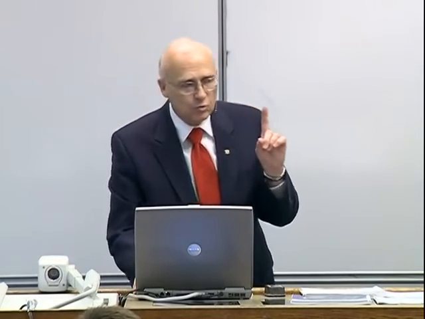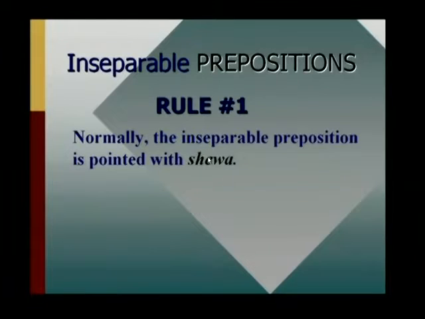So the first rule, number one, of the inseparable prepositions, those three prepositions, and that's all we're talking about, is that normally they are pointed with a schwa. So boker, morning, becomes leboker, to morning, or at morning, or for morning.